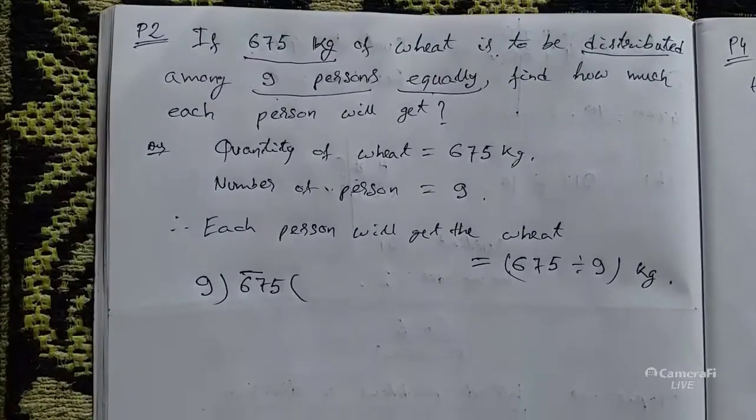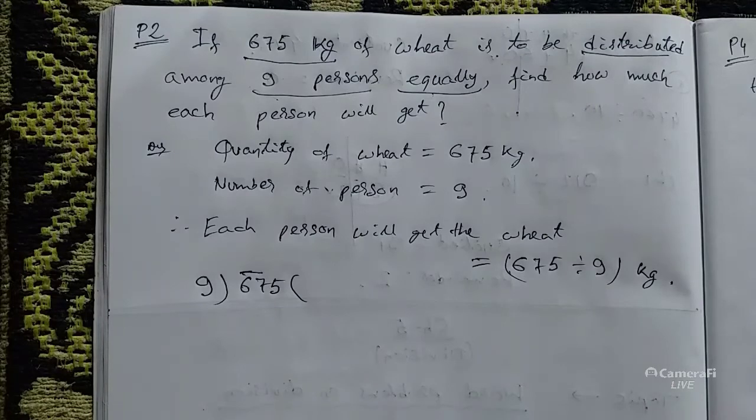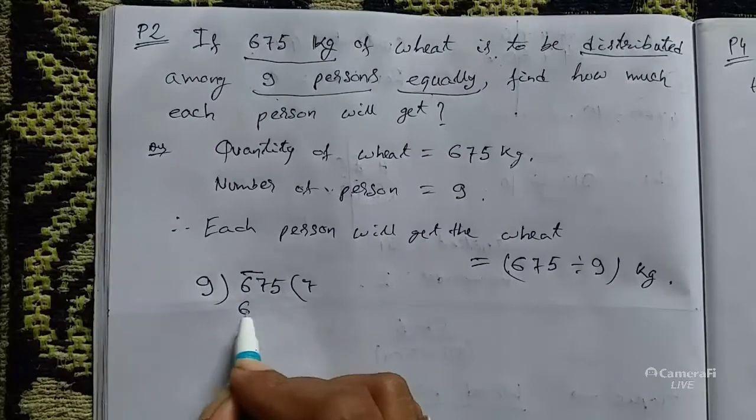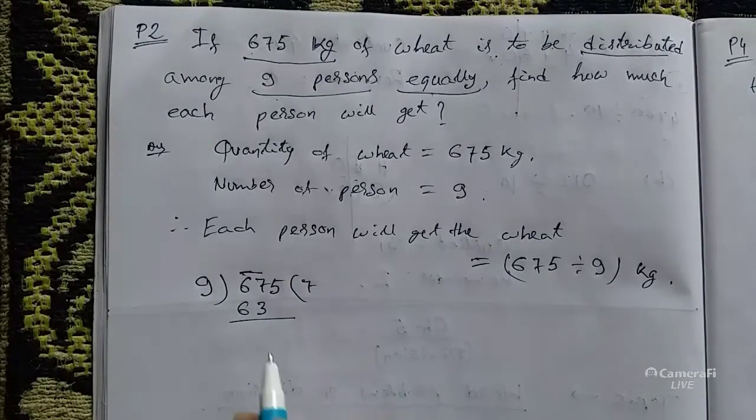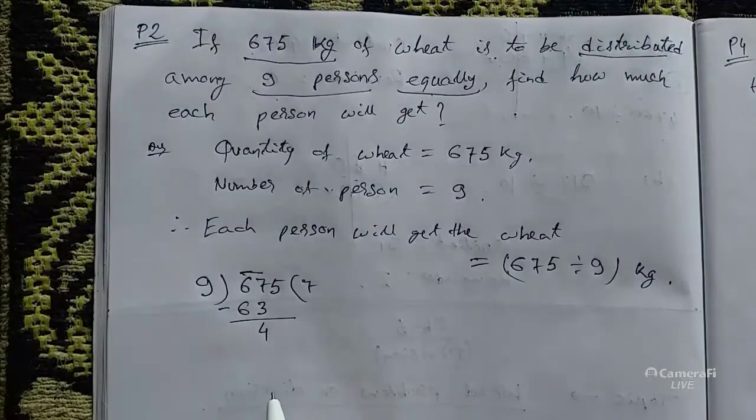Now proceed with the table of 9. 9 ones are 9, 9 twos are 18, 9 threes are 27, 9 fours are 36, 9 fives are 45, 9 sixes are 54, sorry, 9 sixes are 54, 9 sevens are 63, 9 eights are 72, but 72 is greater than 67, so we should take 9 sevens are 63. Now subtracting we get 4.